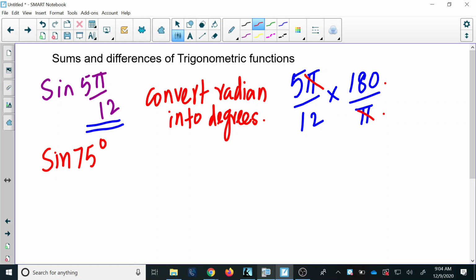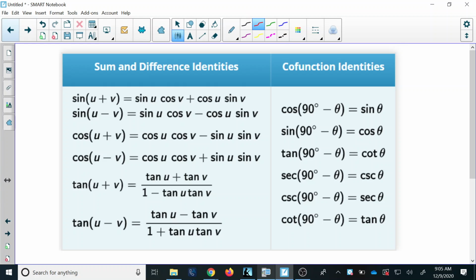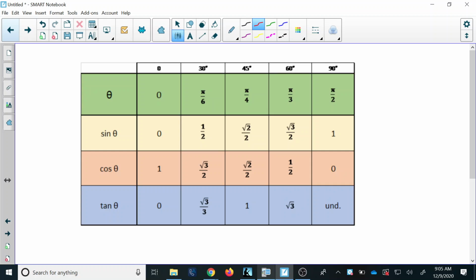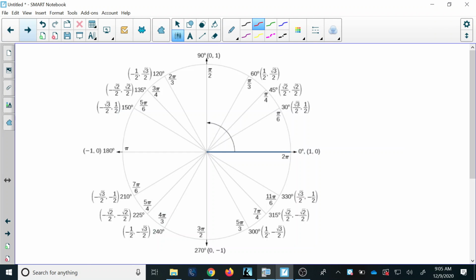Now, sine 75 is not found in this table, nor on this unit circle. You see, 120, 135, 60, but sine 75 is not found.